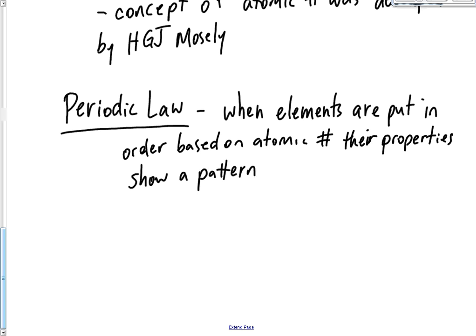Okay, and that's it. That is the three forerunners, or the three people that we need to know about how we came about with the periodic table.